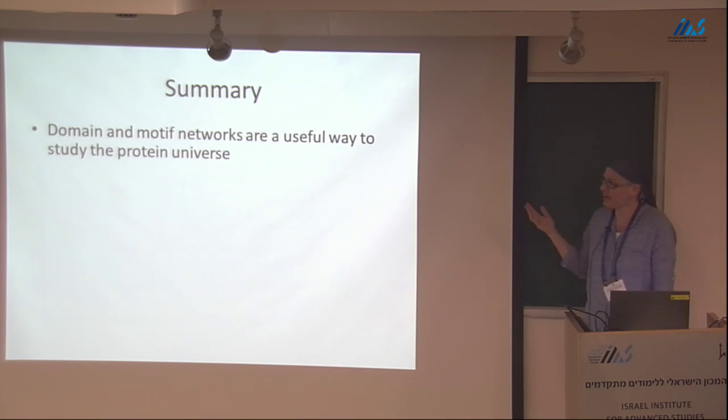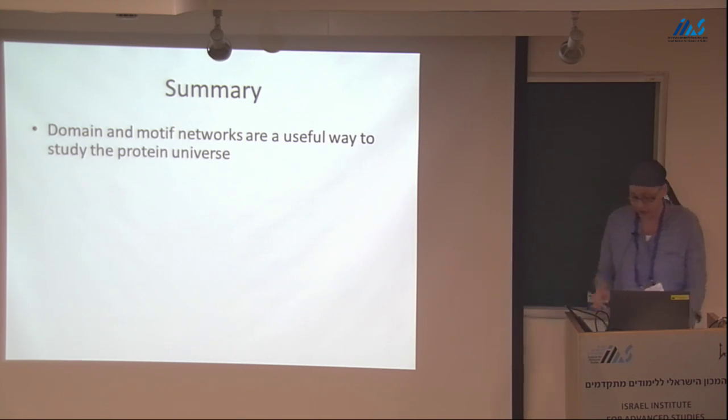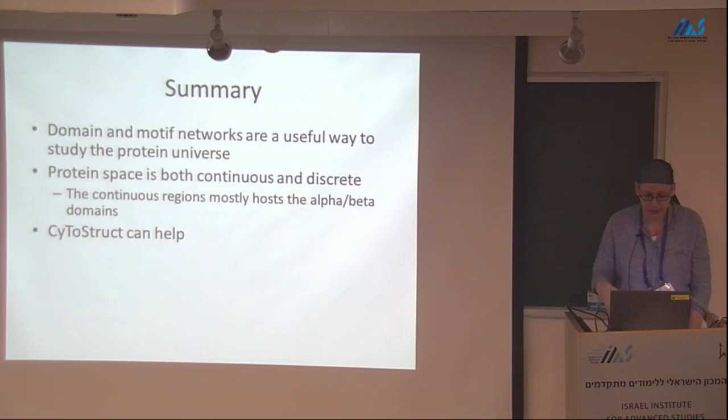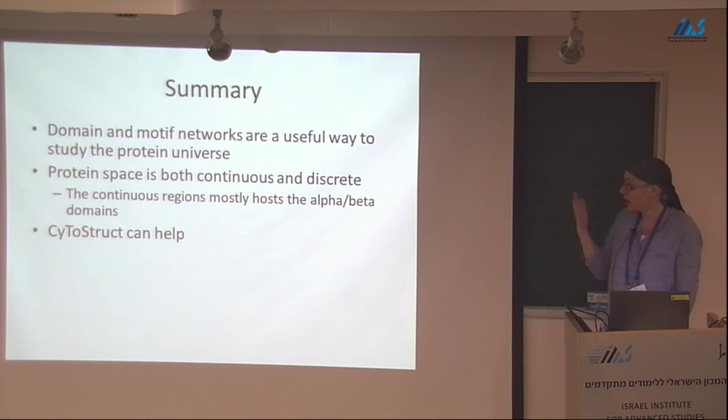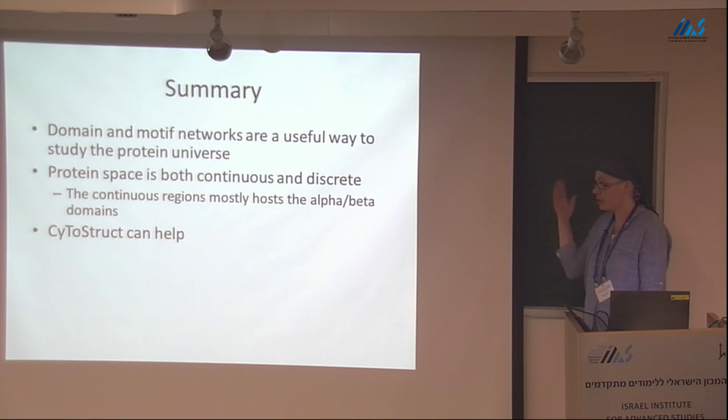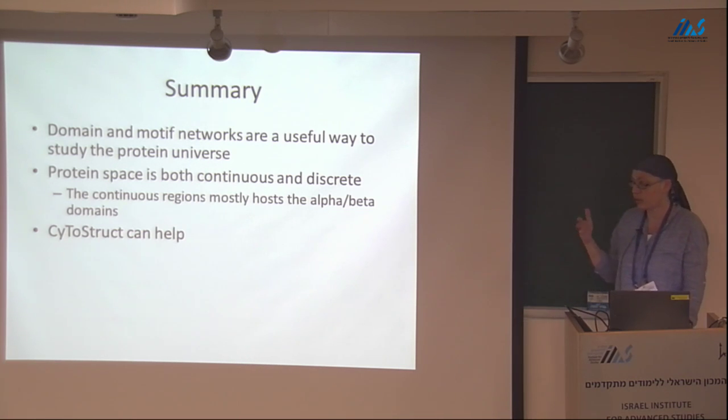Okay, so I hope I convinced you that the domain and motif networks are a useful way to study the protein universe. We found them illuminating, so that's why we told you about them. That protein space is both continuous and discrete is an important observation, because the continuous regions mostly host the alpha/beta domains, which were noticed to be different from others, but this is another observation about how they're different.